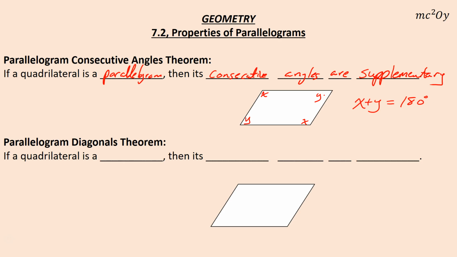All right, the parallelogram diagonals theorem says if a quadrilateral is a parallelogram, then its diagonals, well, what happens with its diagonals? Well, if I draw in the diagonals, you'll notice they're not congruent, but it does look like they cut each other in half, and they actually do. They bisect each other.